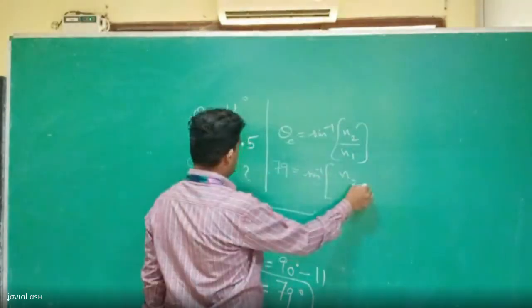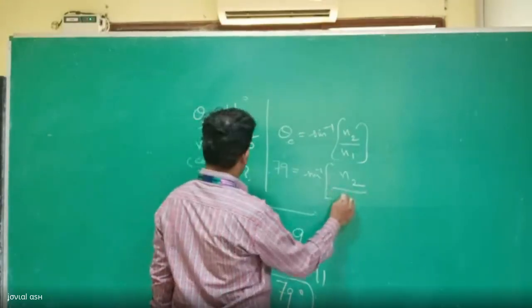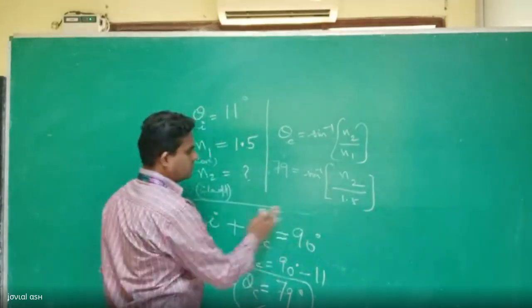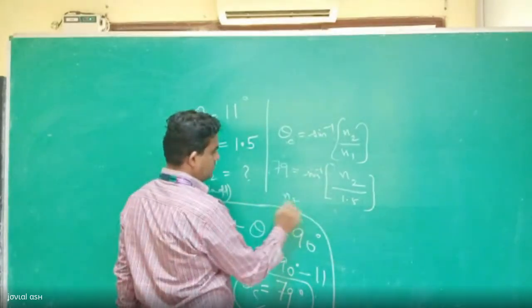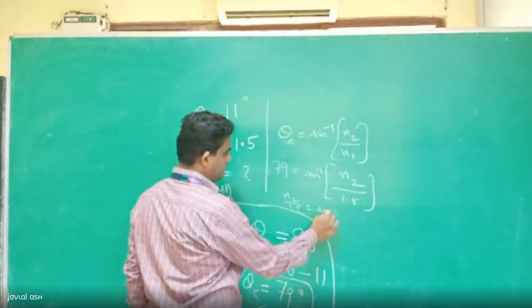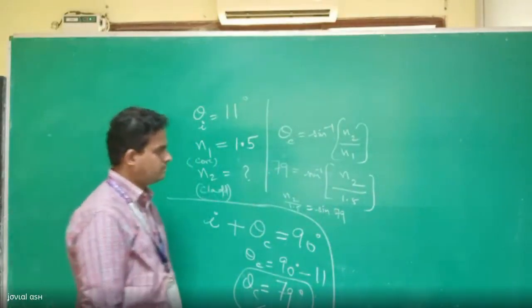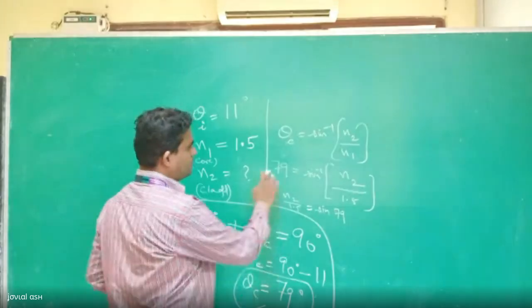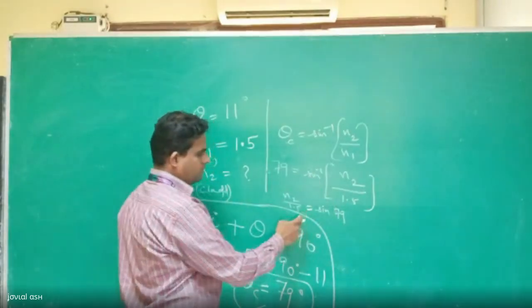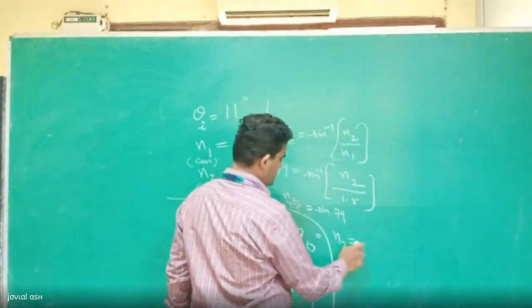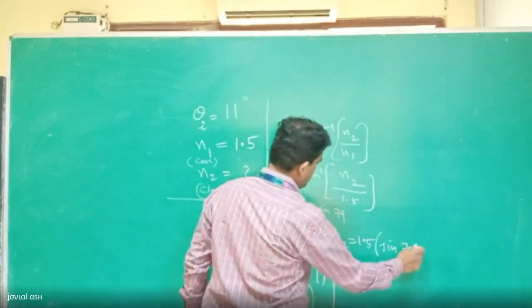You don't know N2, and the core index is 1.5. So simply, sine 79 will be equal to N2 by N1. So you will get N2 as 1.5 times sine of 79 degrees.